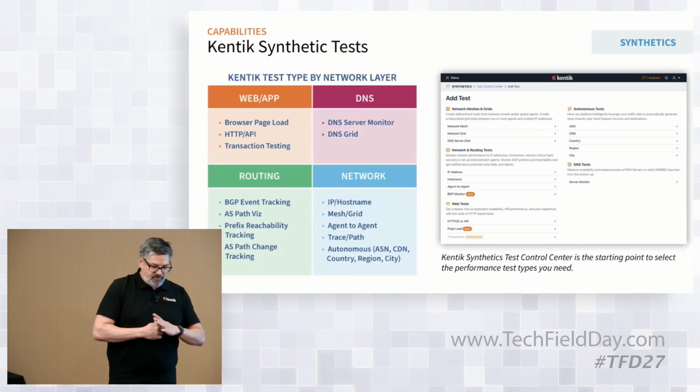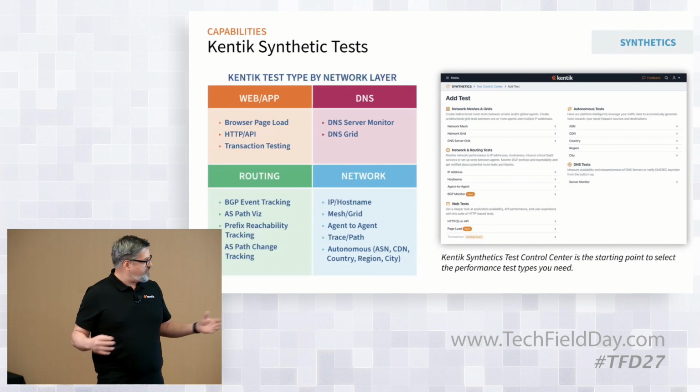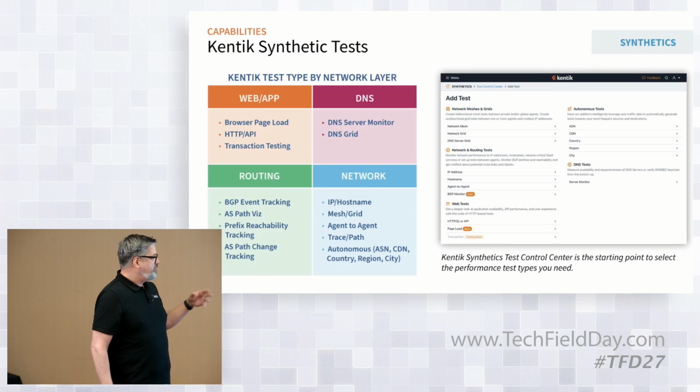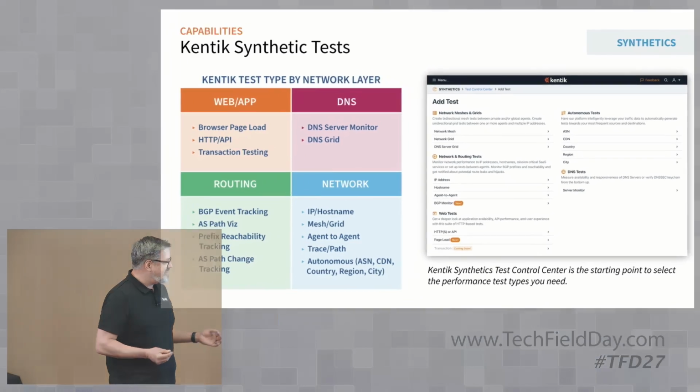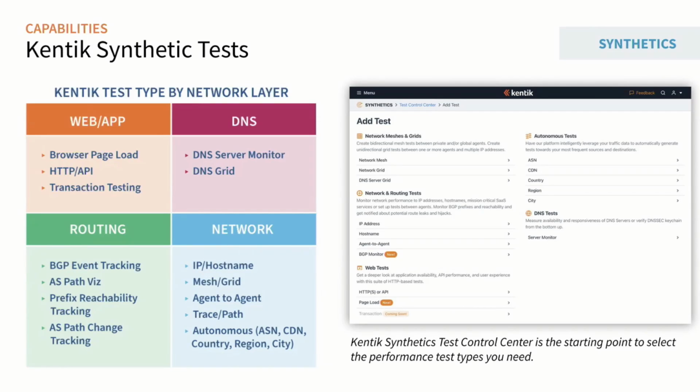So when I start talking about what types of things we do, this will give us a little bit of an idea of what these types of tests are. When we look at this, there's web-based testing, there's DNS testing, routing, and what we call network testing, which is essentially the ping and the traceroute and that sort of thing.